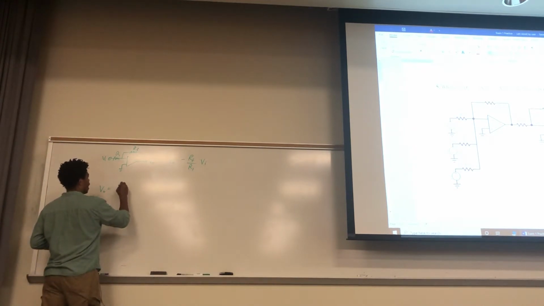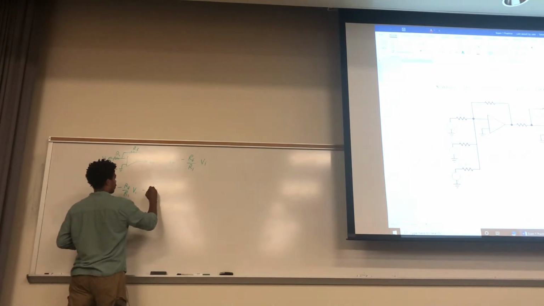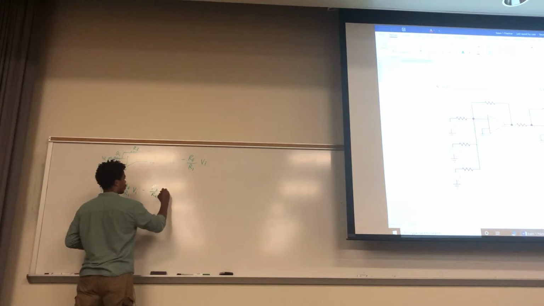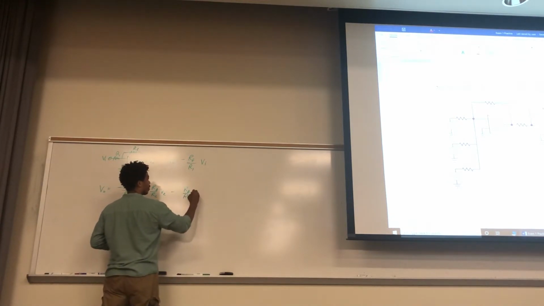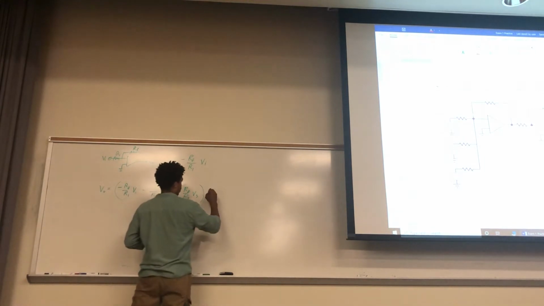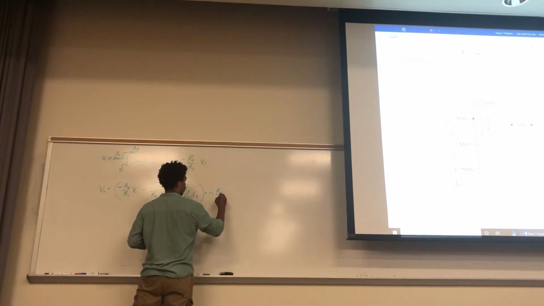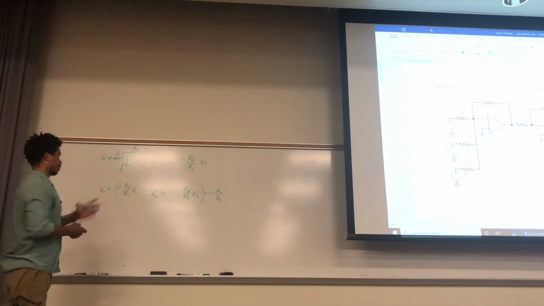So it's going to be like minus RF over R1 V1 minus RF over R2 V2 minus RF over R3 V3, all of that, and then it's going to be multiplied by this R4 over this R4, that type of thing, which is really -1.